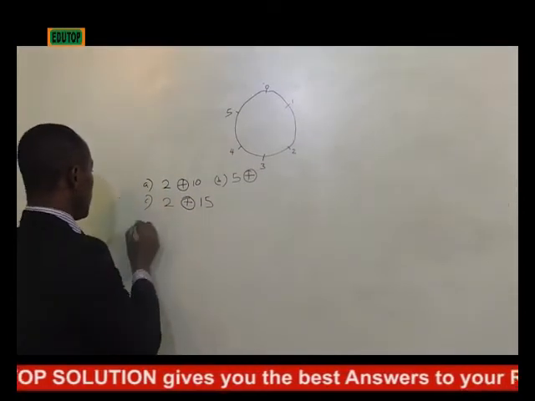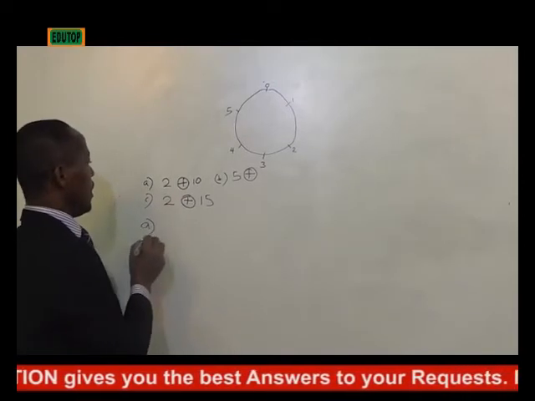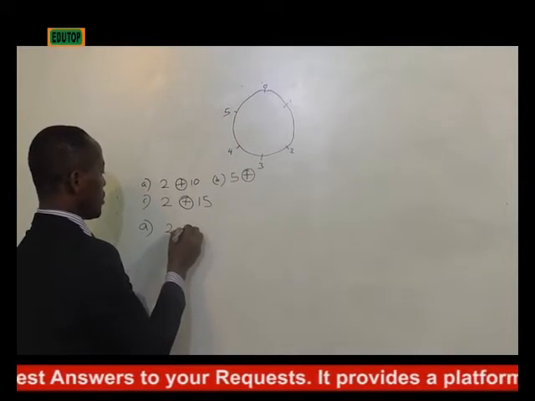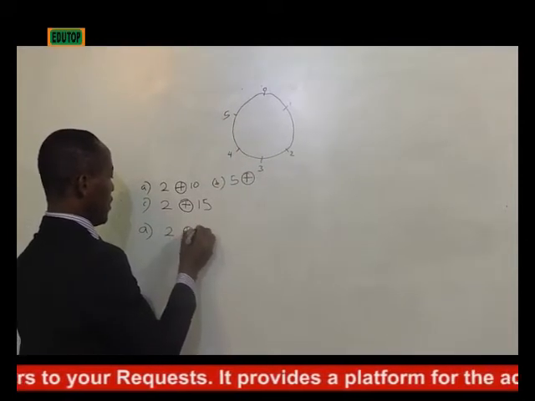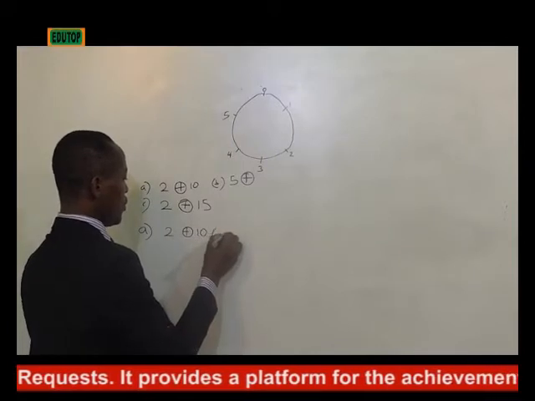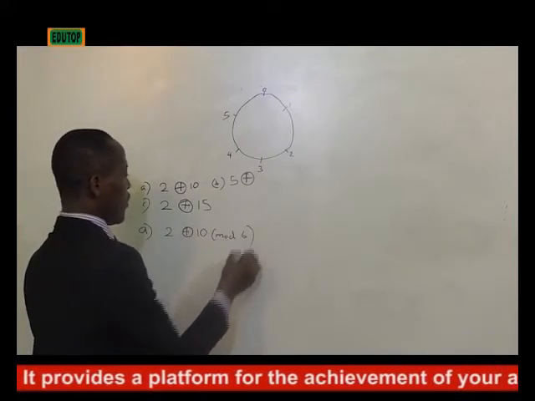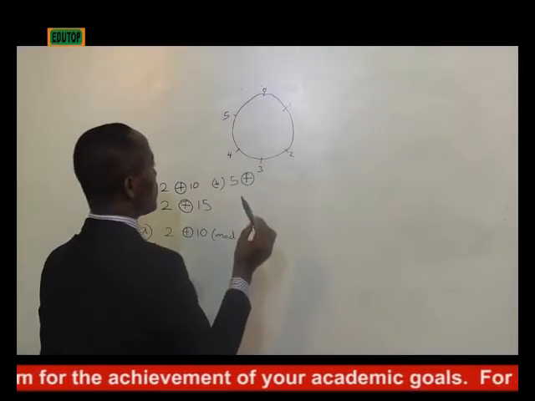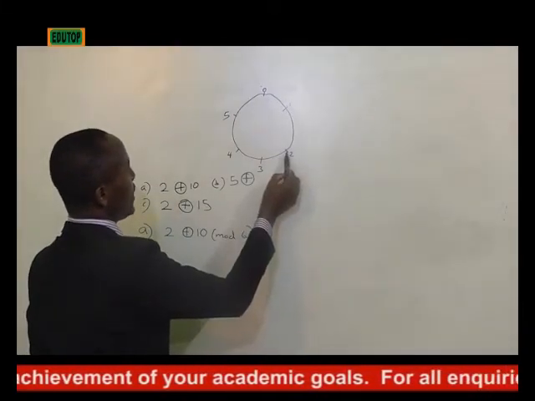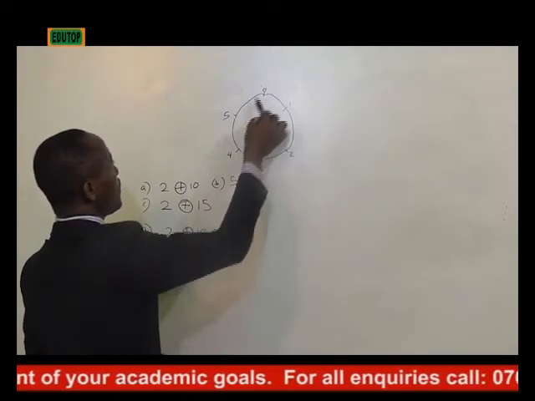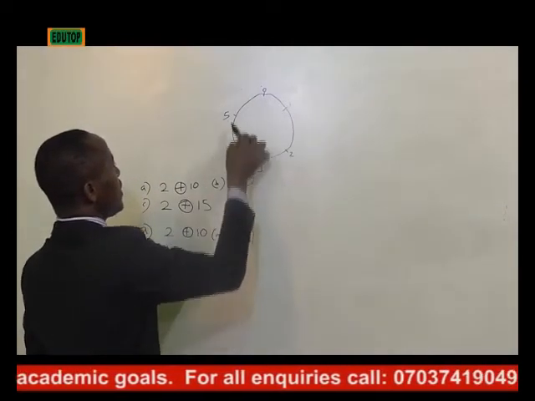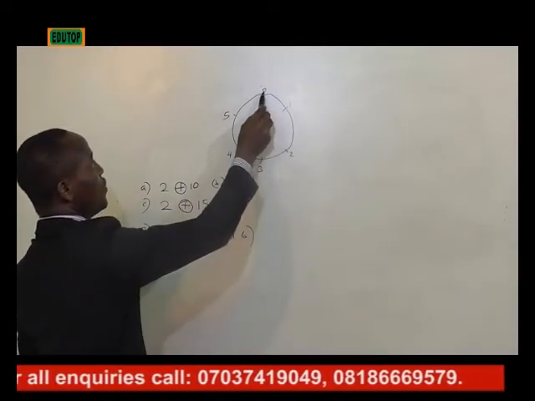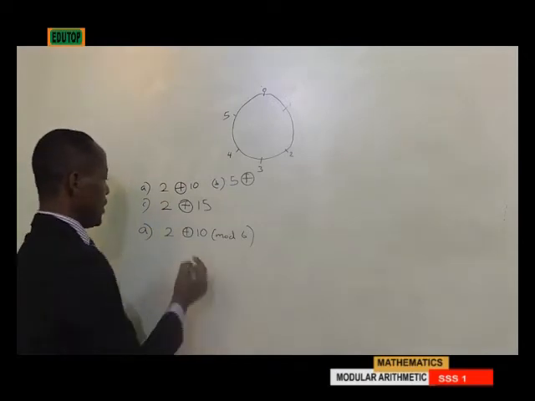Now for A, that's 2 plus 10 modulo 6. If you do it in a crude way, we are adding 10 to 2, starting from here: 1, 2, 3, 4, 5, 6, 7, 8, 9, 10. It falls on 0. Now let's check by doing it the normal way.